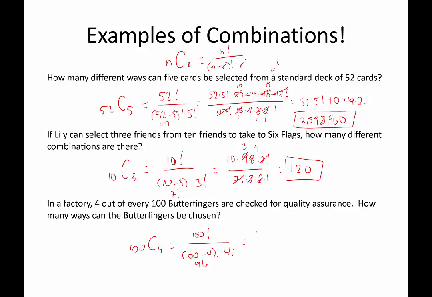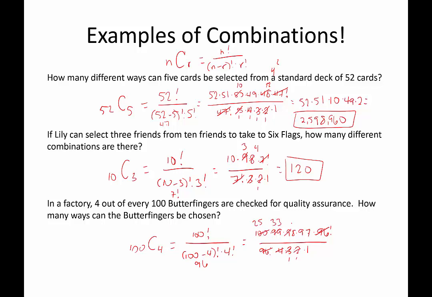So I'm going to expand 100 factorial to 100 times 99 times 98 times 97 times 96 factorial. And then we're going to leave 96 factorial but expand 4 times 3 times 2 times 1. 96 factorials cancel. 4 will cancel with 100. This would be 25. 3 goes with 99, 33.